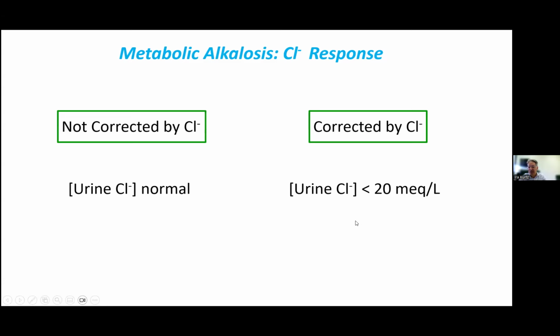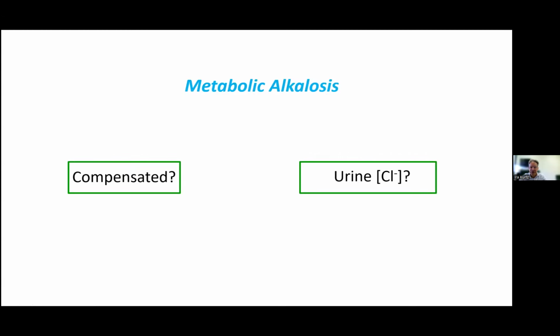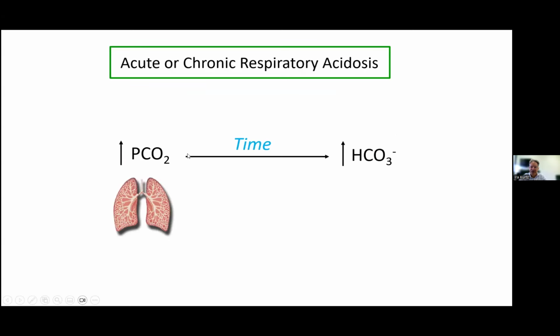And we went over the last number of weeks in the metabolic alkalosis talks how chloride does that. So we decide, is it compensated or not, based on the PCO2 and whether the patient's metabolic alkalosis will be ameliorated by giving chloride. As far as respiratory acid-base disorders, we divide it up by time.